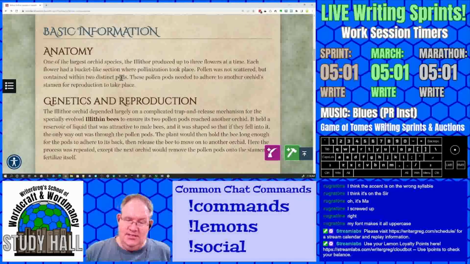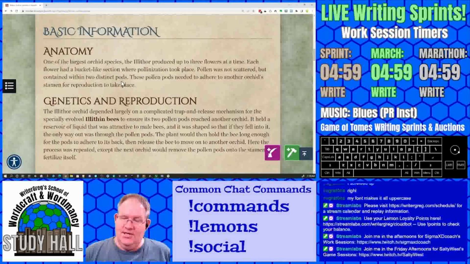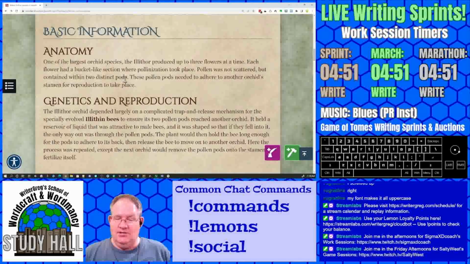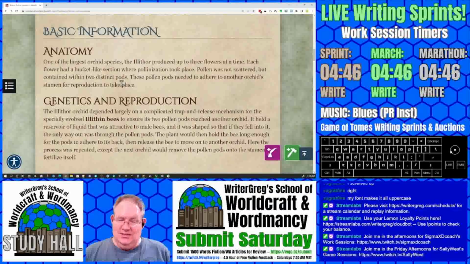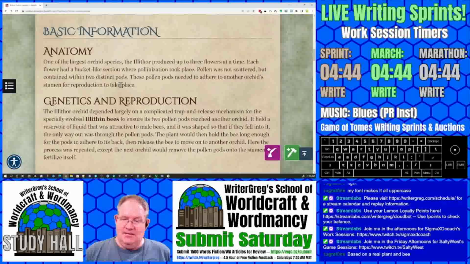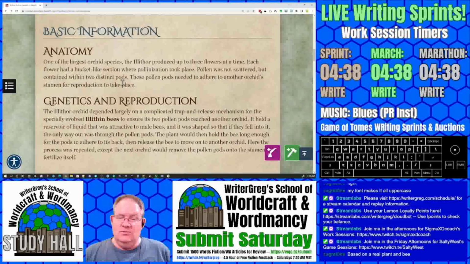The Illithor orchid depended largely on a complicated trap and release mechanism for the specifically evolved Illithon bees to ensure 2 pollen pods reached another orchid. It is a reservoir of liquid that was attractive to males and is shaped so that they fell into it. The only way out was through the pollen pods, based on a real plant and bee.